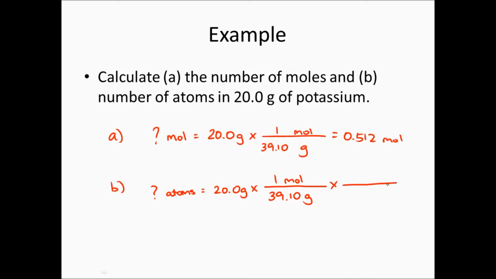And then I know that in each mole, that's 6.022 times 10 to the 23 atoms. And therefore, it is 3.08 times 10 to the 23 atoms. So there are that many atoms in 20.0 grams of potassium.